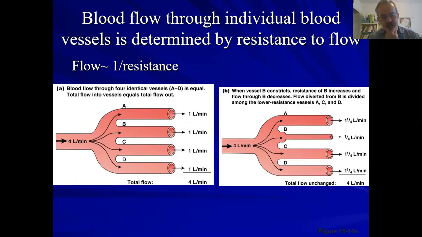All right, so what we're talking about here is blood flow. Now we're going to talk about some equations that are very important in describing blood flow. And it's interesting because the equations are not just relevant to physiology, but they also apply to engineering.